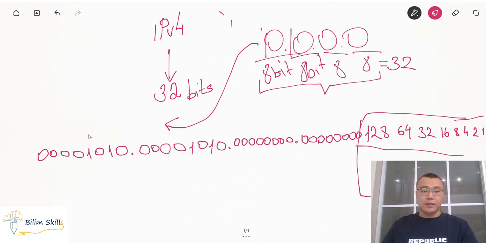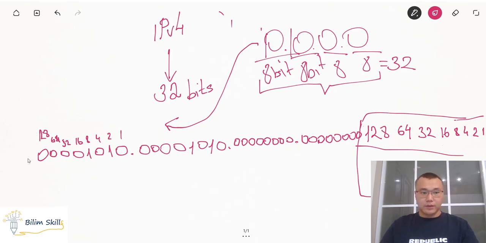We converted it into binary form in octet format. So for the first 0, the positions are counted as 128, 64, 32, 16, 8, 4, 2, 1.